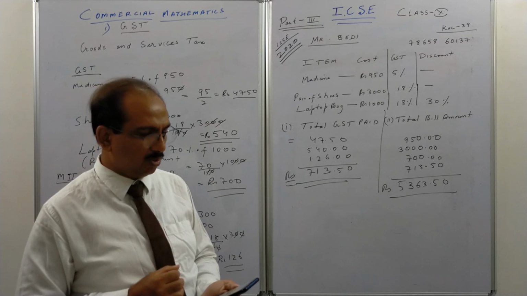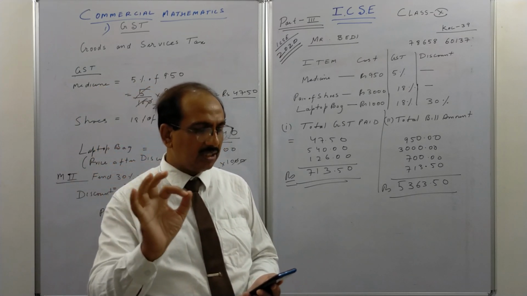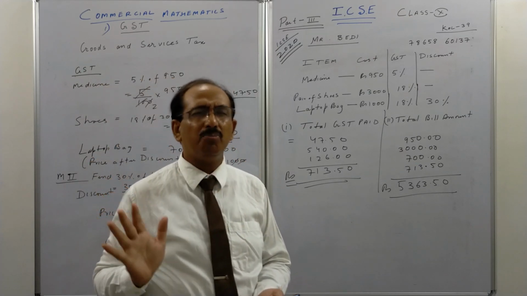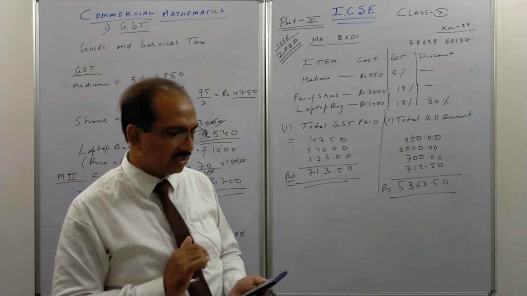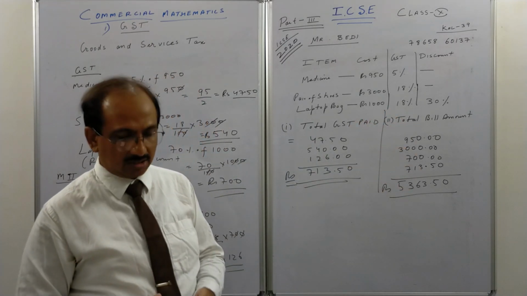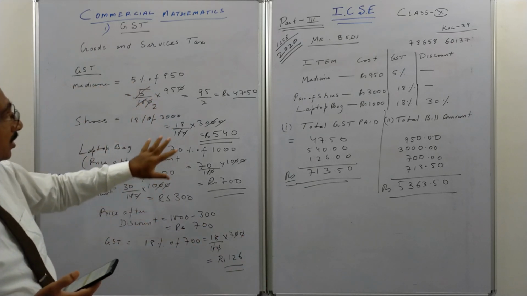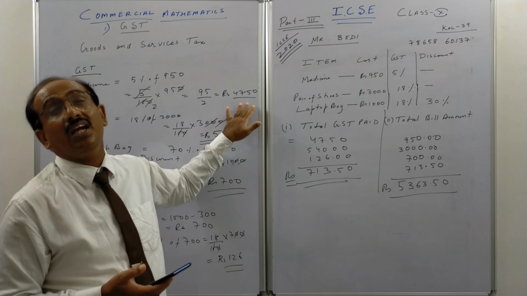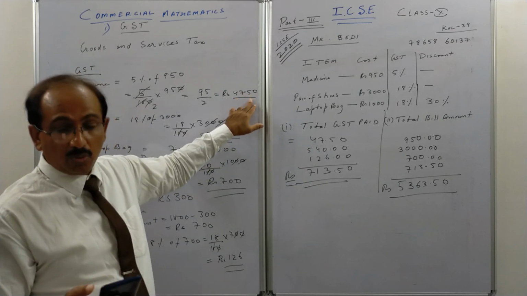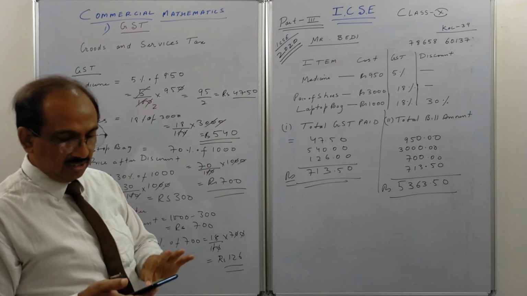The concept of finding GST is a simple percentage, and it was not clear. Several candidates missed this 30% discount. Then, about money, any answer in rupees and paise should be to two places of decimal.